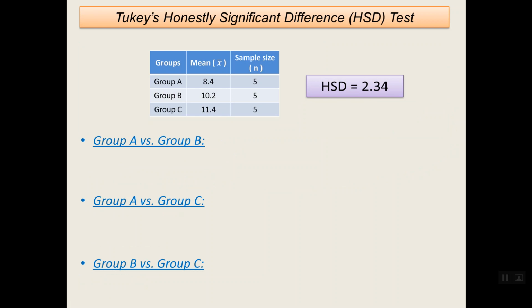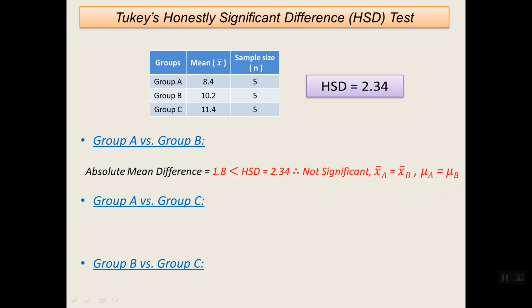Regarding group A versus group B, we already calculated the value of the absolute difference. It is 1.8, and 1.8 is less than the value of HSD, which is 2.34.